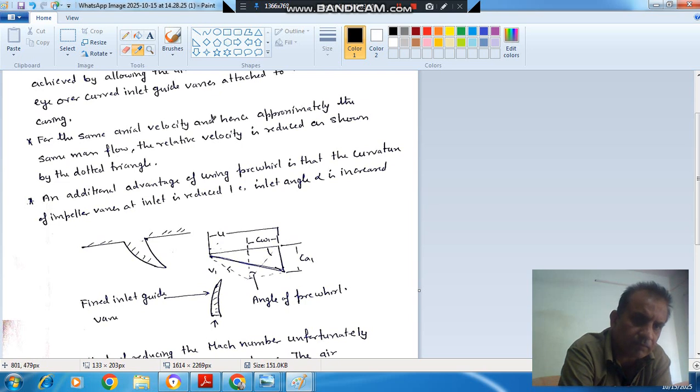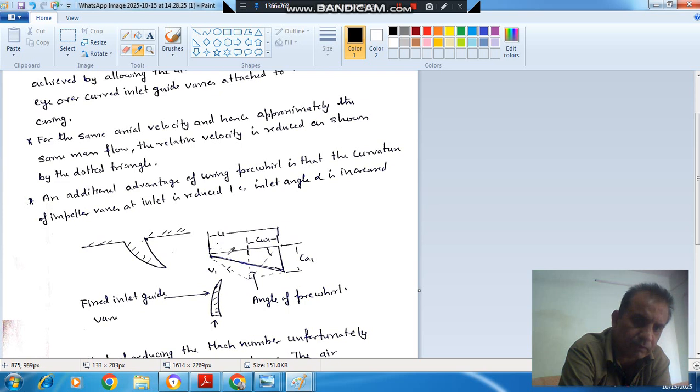For the same axial velocity, so here this axial velocity after P1 and this axial velocity is the same, and hence approximately the same mass flow, the relative velocity is reduced as shown in the figure by the dotted line. So this is now your new relative velocity. An additional advantage of using Prewhirl is that the curvature of the impeller vane at the inlet is reduced. Inlet angle alpha is increased.